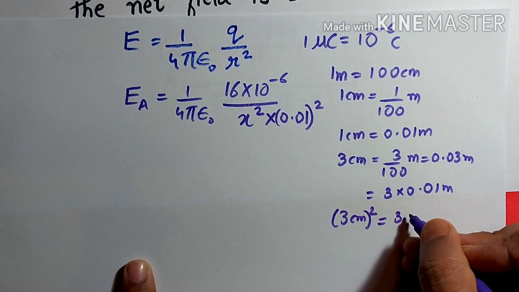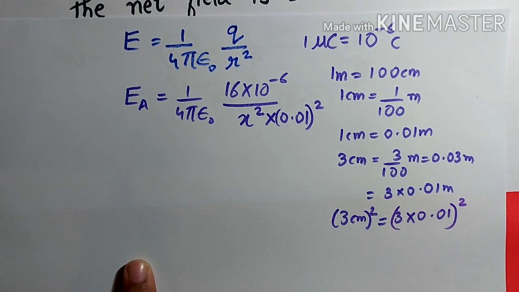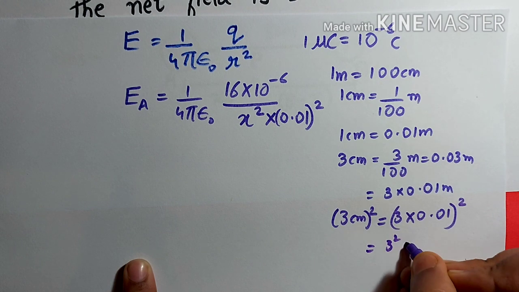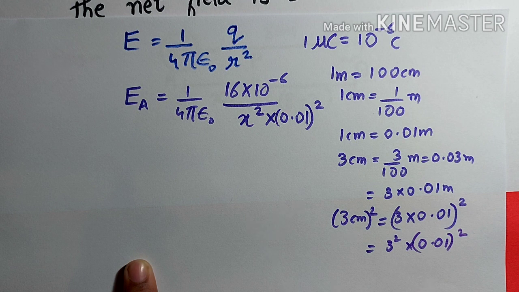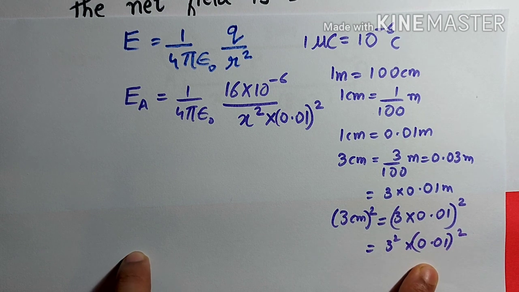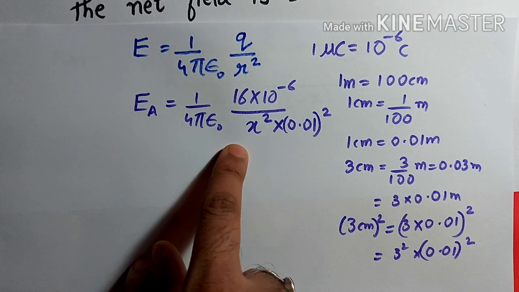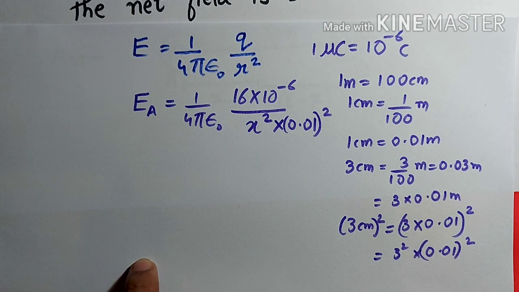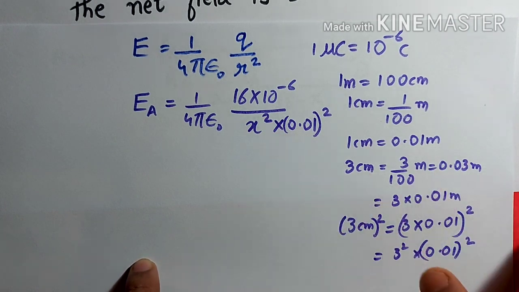That is 3 into 0.01 whole square. Clear? Or 3 square into 0.01 whole square, separating the two factors. In a similar manner, I have done over here X square, converting X to meter and squaring it. So X square into 0.01 whole square.